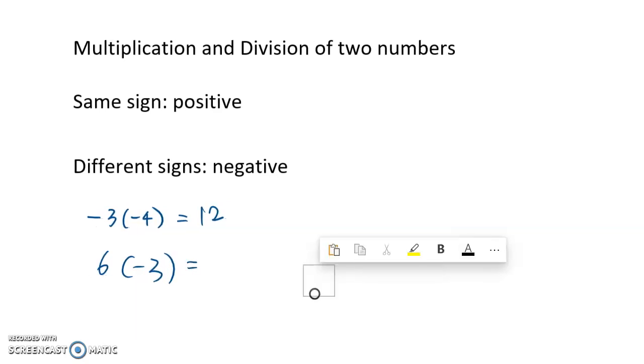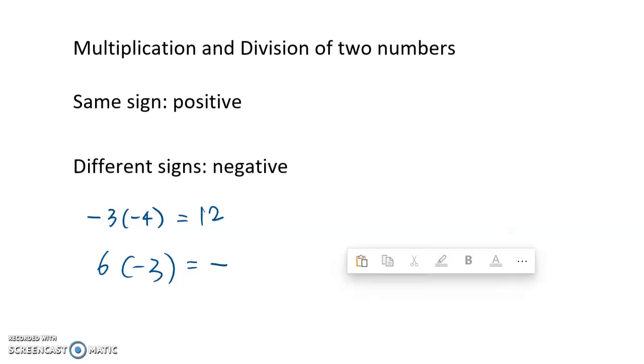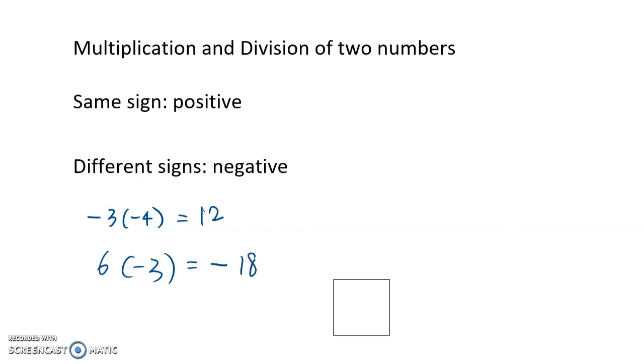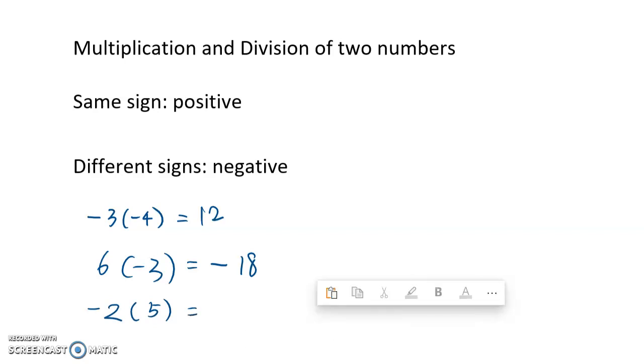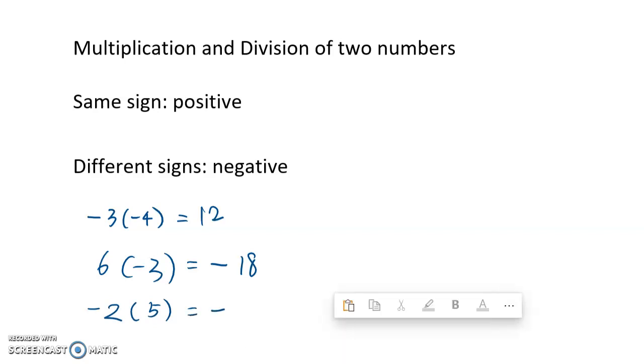Well, these two numbers have different signs, and the answer is going to be negative. And we multiply. 3 times 6, 18. Similarly, if we have -2 times 5, they have different signs, so the answer is negative, and then multiply, -10.